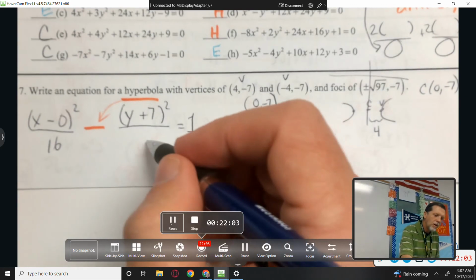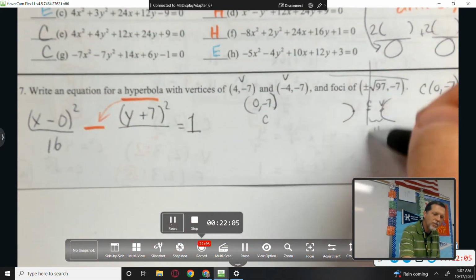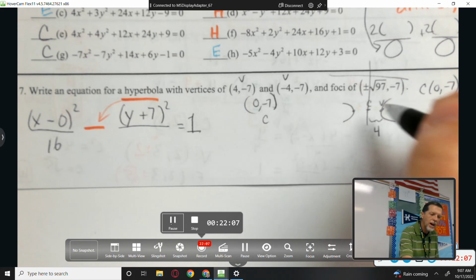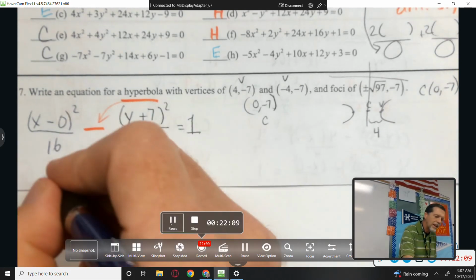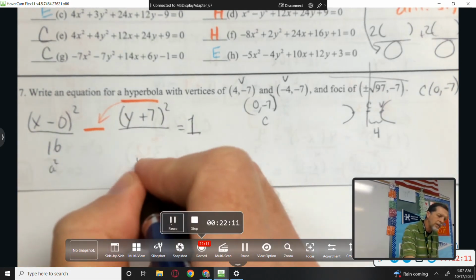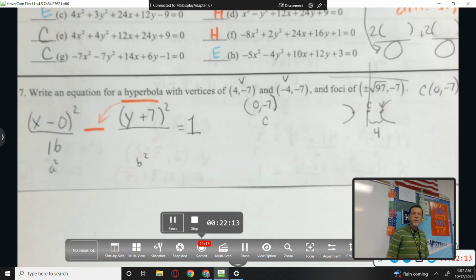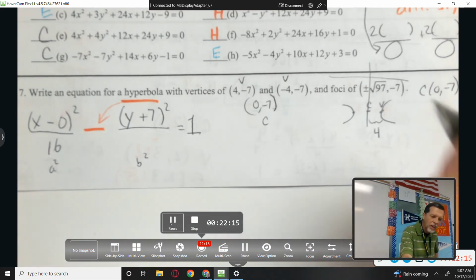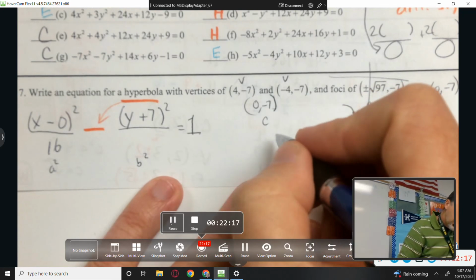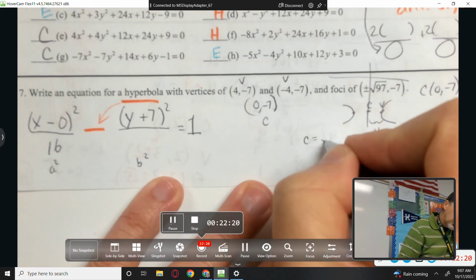Under the y, I don't have any information on the up and down, like for the box, so I can't say exactly what b squared is. But they told me about foci. So little c is square root of 97.